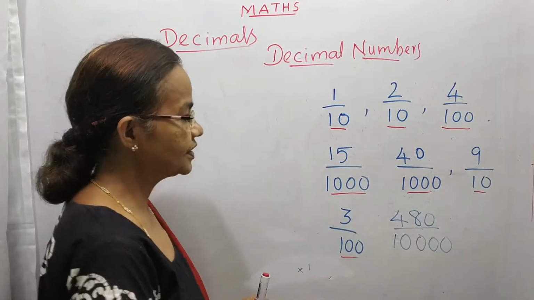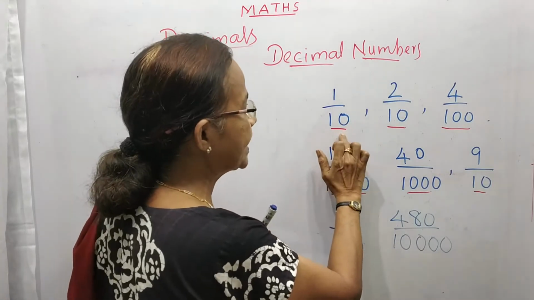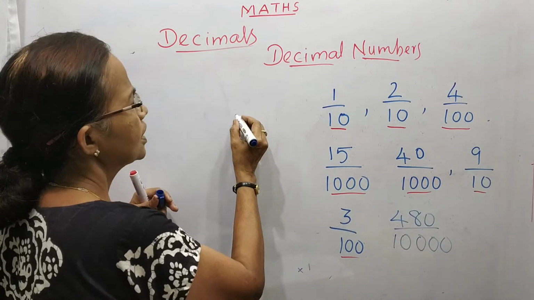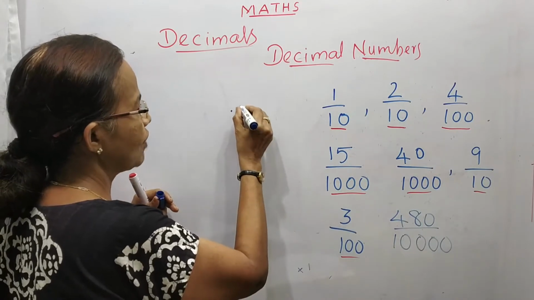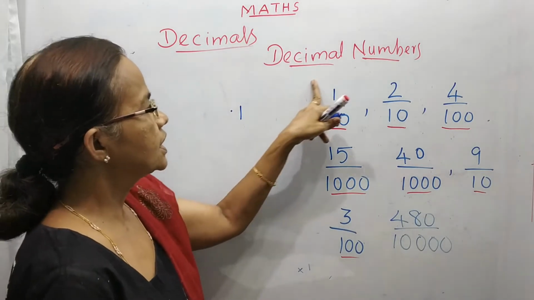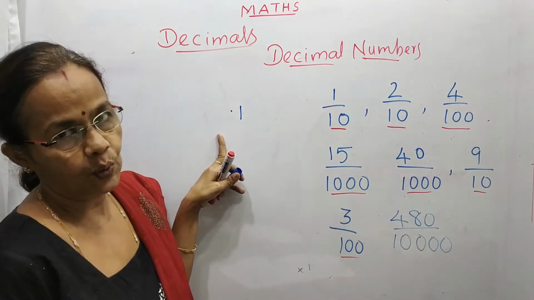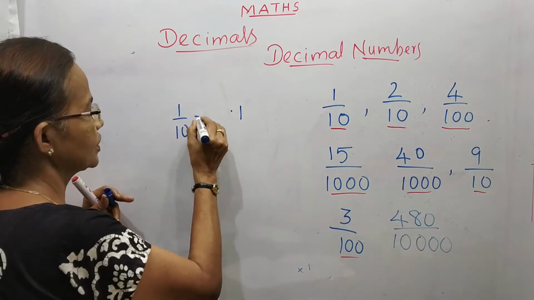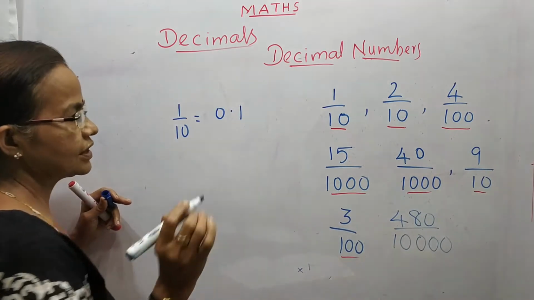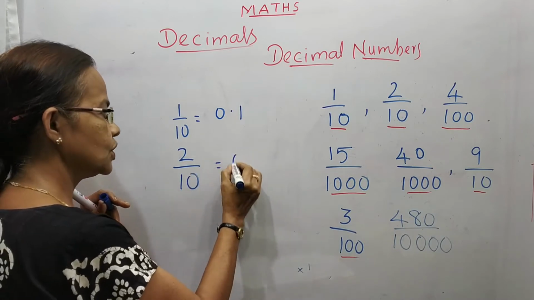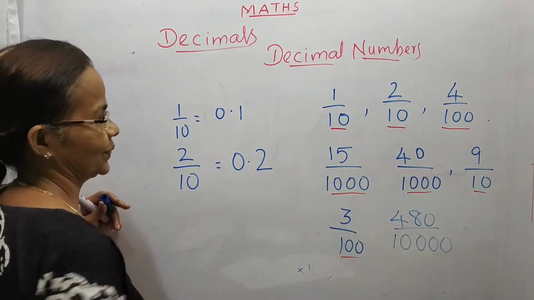Same here, see, denominators are 10, 100, 1000. Now, 1 by 10 is 0.1. This is a formula. Then 2 by 10 is equal to 0.2.